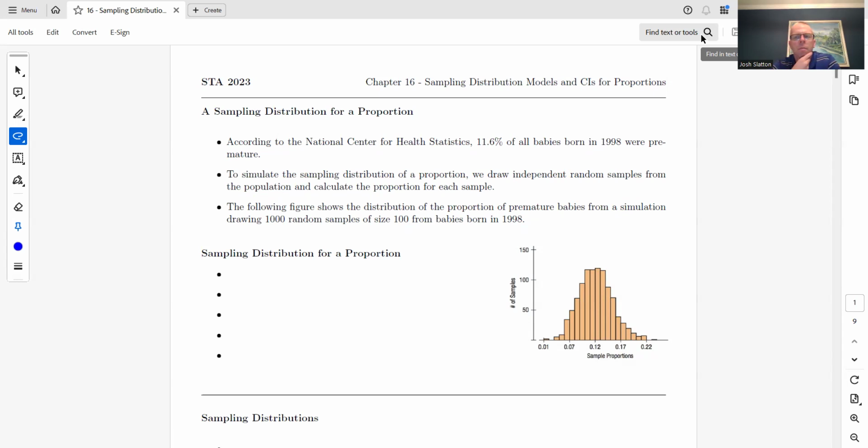So this is a fairly lengthy chapter. We're covering sampling distribution models and confidence intervals. One thing you need to make sure you're competent at for these next chapters is when you see a problem, you need to be able to decipher if it is a categorical variable or a quantitative variable.